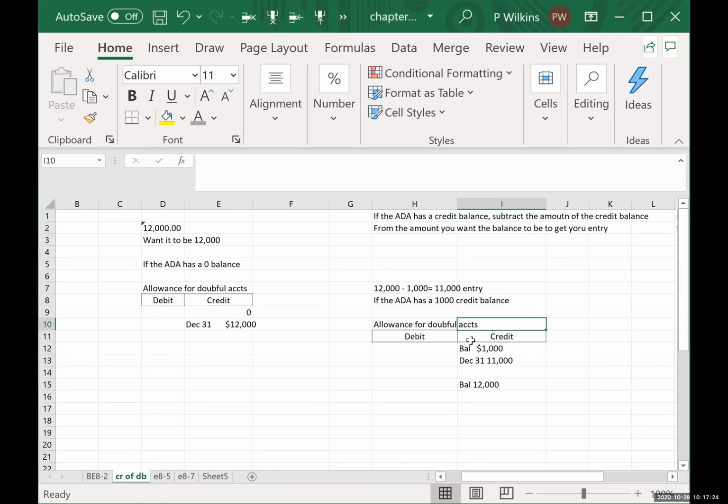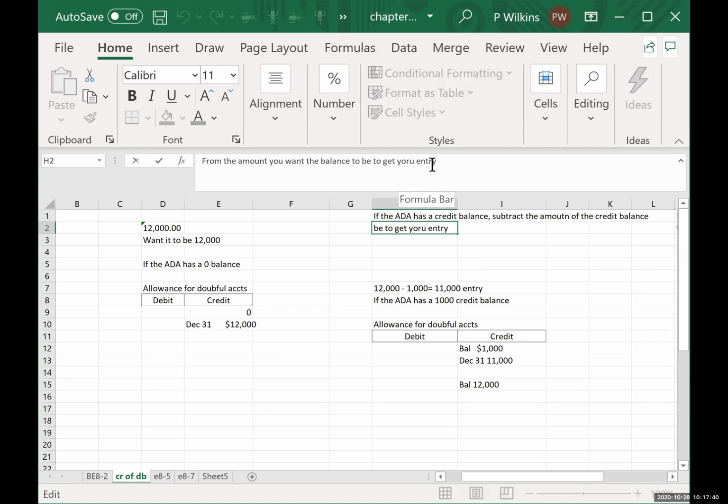So if allowance for doubtful accounts has a credit balance of $1,000, look at this rule up here. You're going to want to write this down. You're going to subtract the amount of the credit balance from the amount you want the balance to be to get your entry, okay?